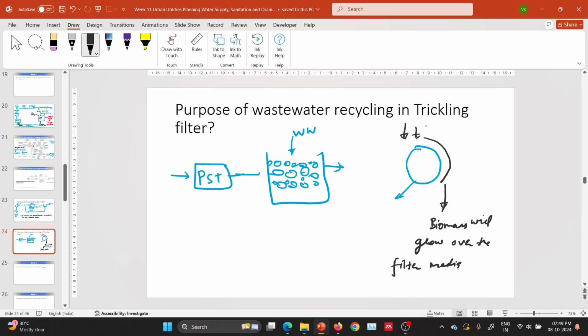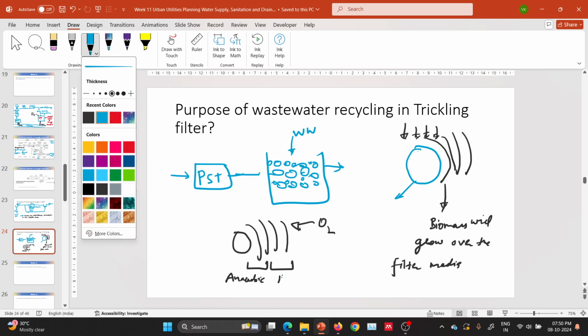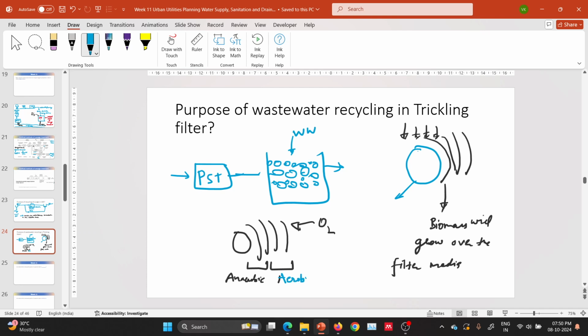As the wastewater trickles through the filter media, this layer grows, and after growing, what happens? At a certain time this layer becomes anaerobic, because oxygen cannot reach there, while the outer layers are aerobic. First, understand this layer is called the slime layer.